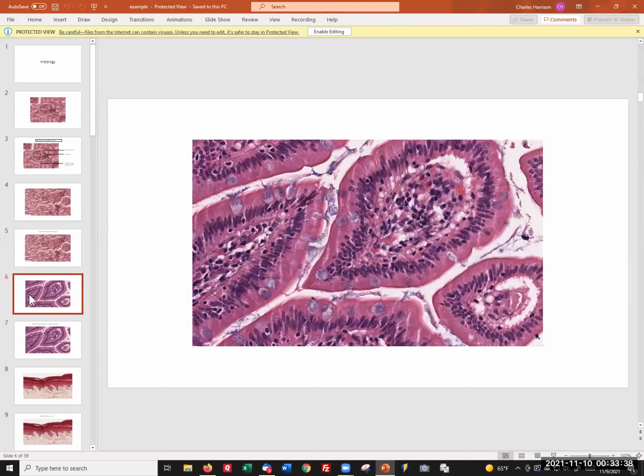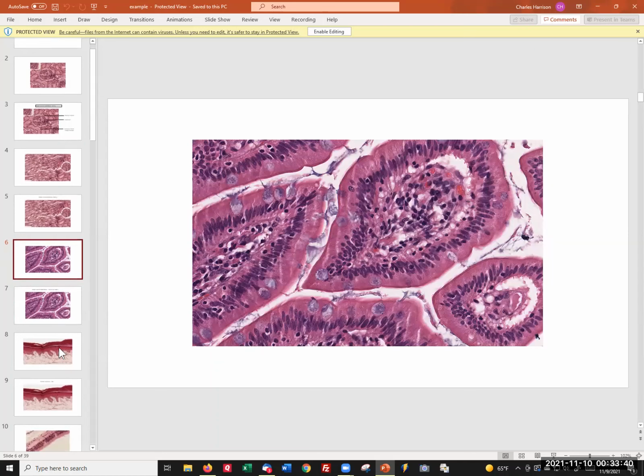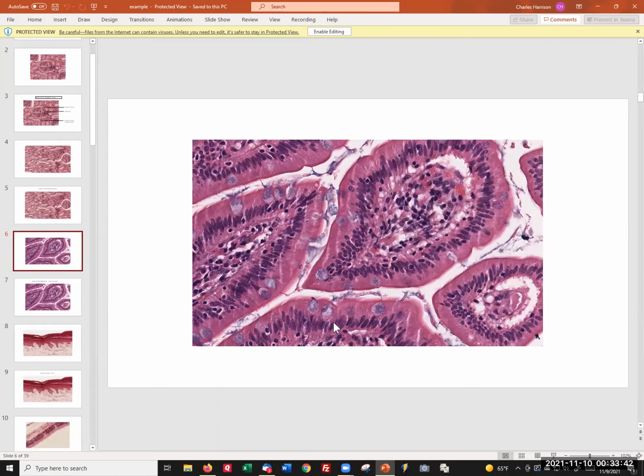This slide, what is it? Well, it's villi, lined by simple columnar epithelium. And so you go to the next one, simple columnar epithelium in the jejunum.